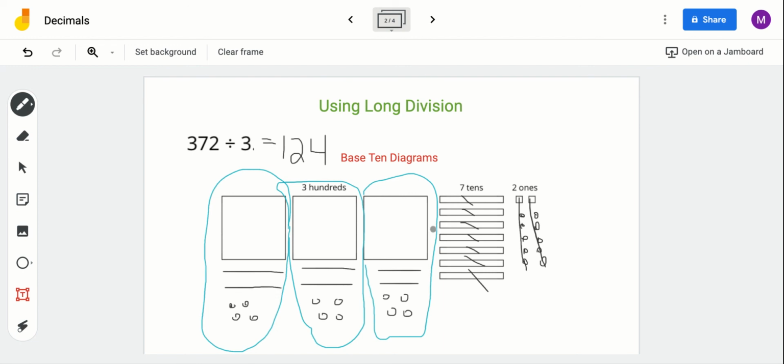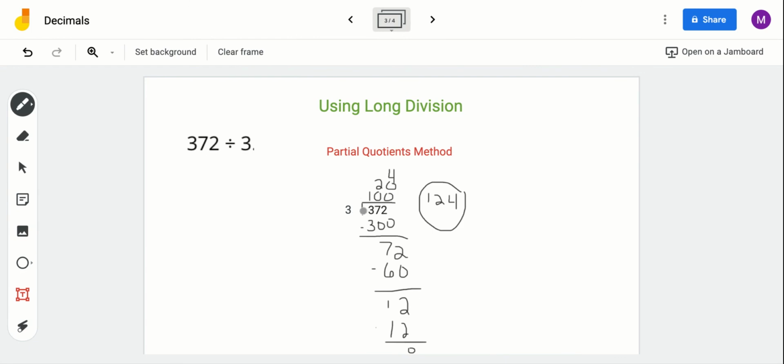Here we see the number being literally broken apart into 3 groups. We can see the hundreds being split up. We can see the tens being split up and 1 10 being regrouped into 10 ones so that we have 12 ones. Here it's a little more refined. 100 3's, 20 3's, 4 3's to work our way down.